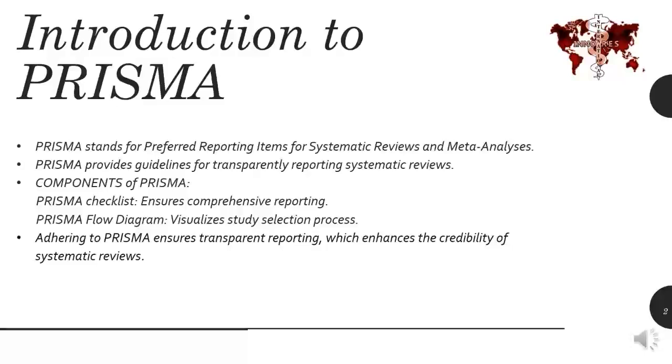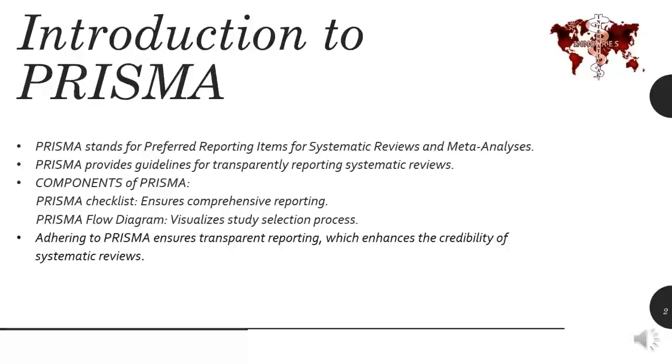There are several components of the Prisma, and one of the components is the Prisma checklist. The other component is the Prisma flow diagram. The Prisma checklist is a 27 item checklist that majorly ensures comprehensive reporting of your systematic review.